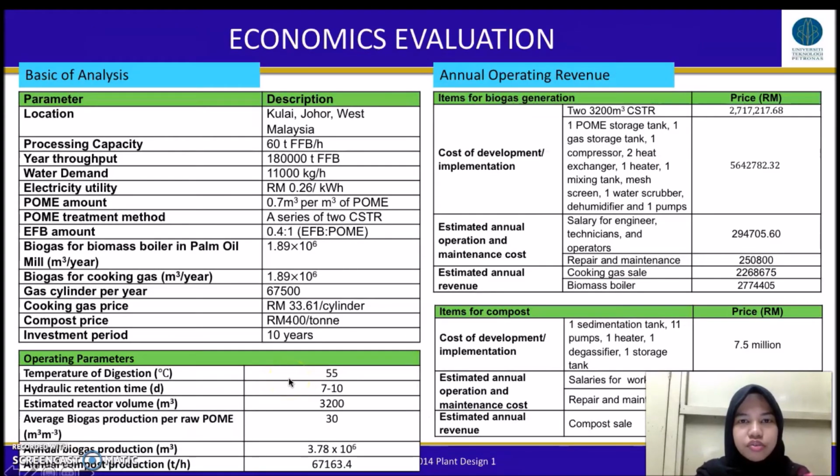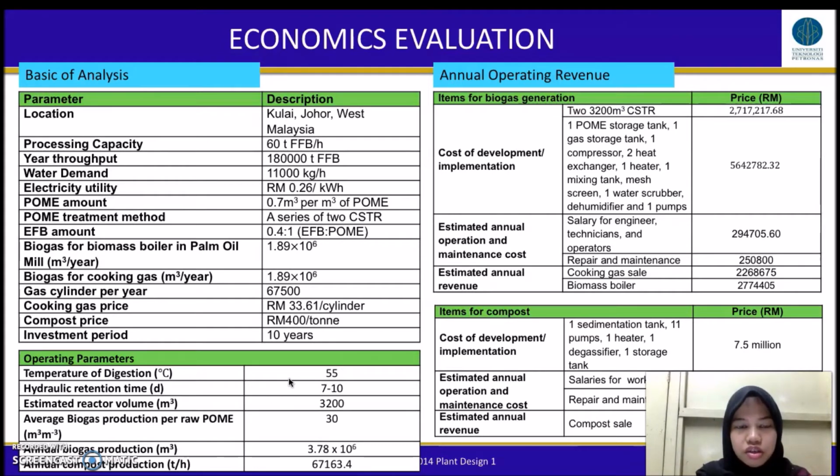Next, we will proceed with economic evaluation. In order to calculate our annual operating revenue, we consider 2 items. The first one is biogas generation, and the second one is compost. For each calculation, we consider the cost of development or implementation, the estimated annual operation, and also maintenance cost.